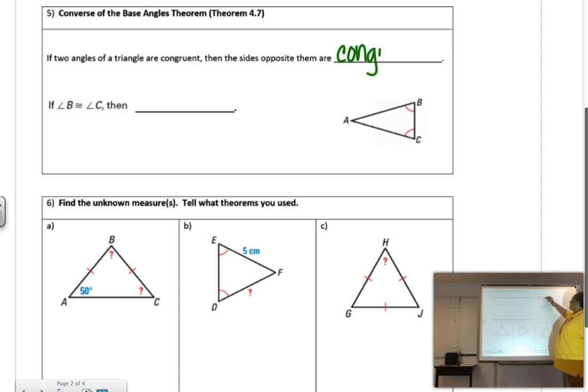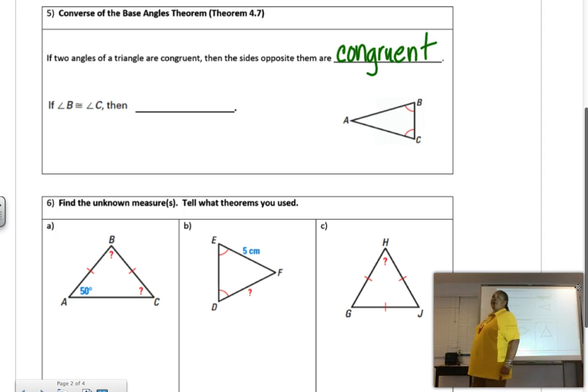And I know you probably look at that and say, no duh. So let's talk about it in a mathematical way. If angle B is congruent to angle C, then what? Also, segment AC is congruent to segment AB.